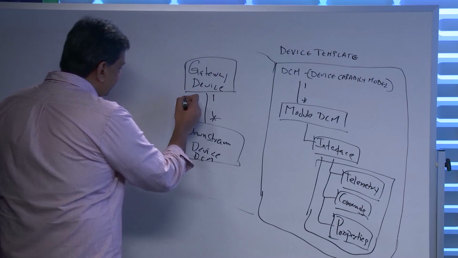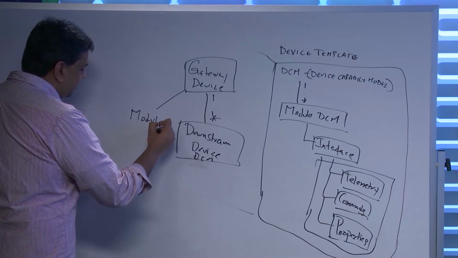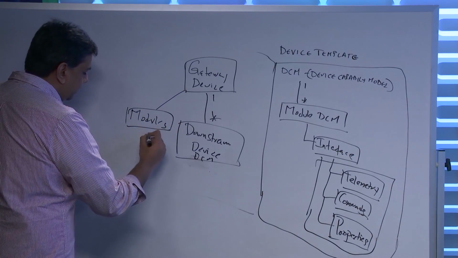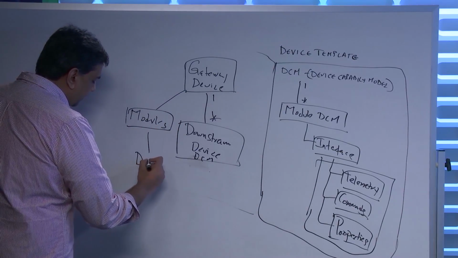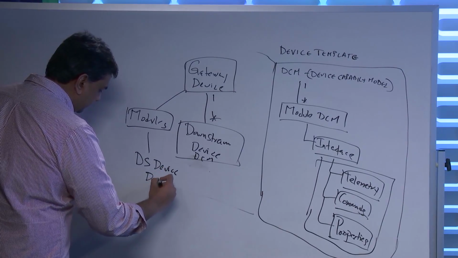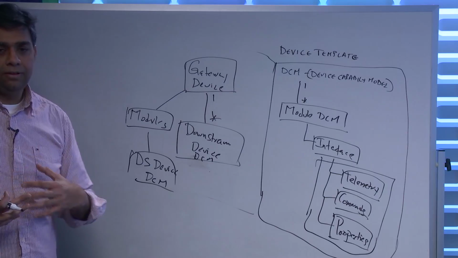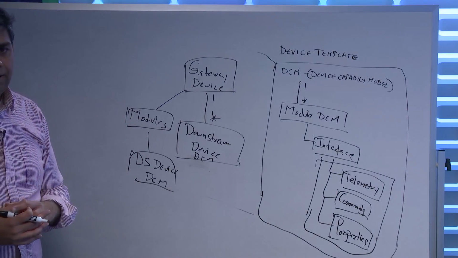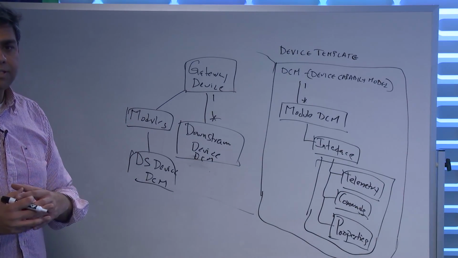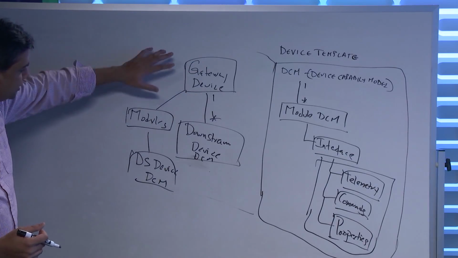Another one we have done is we have extended these relationships to modules. So in my diagram previously, I've shown relationships where you can connect downstream devices into the gateway, or you can connect downstream devices from the modules into the gateway. So this is the relationships we have done.